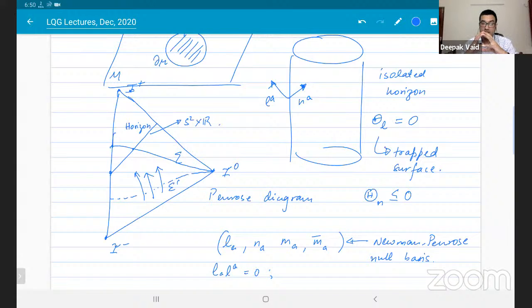That means that the surface cannot grow in time, and that is what you expect physically the horizon of a black hole to correspond to. If there are any null directions on that surface, those null directions cannot go anywhere out. Okay.